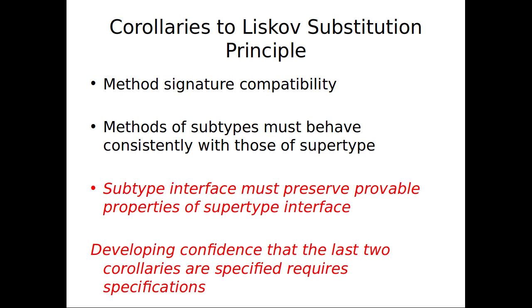Now the third component here is the subtype. This goes beyond methods alone. The subtype has to preserve properties of the supertype interface. Notice these first two, ladies and gentlemen. If this didn't strike you from the video, these first two have to do with methods. You can focus on each method in isolation.